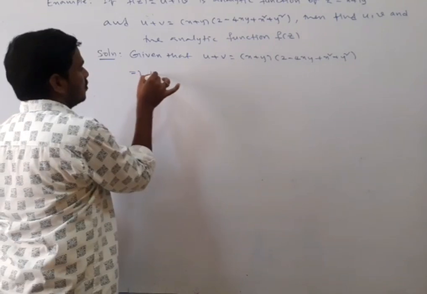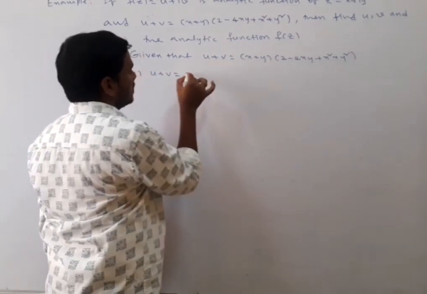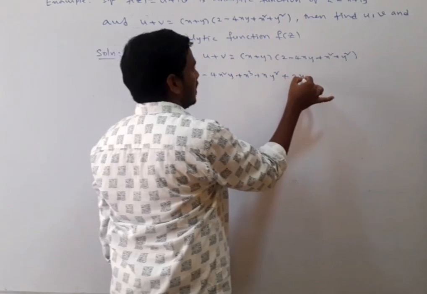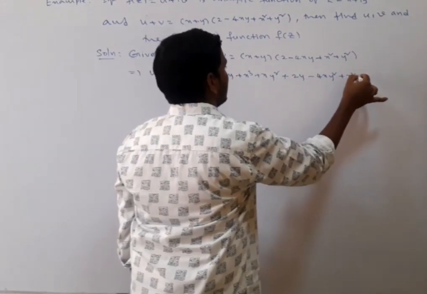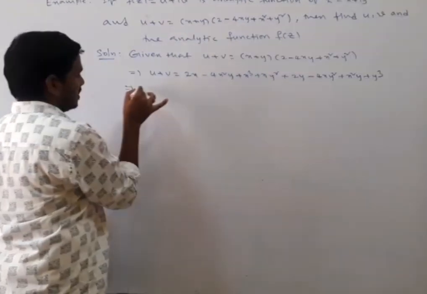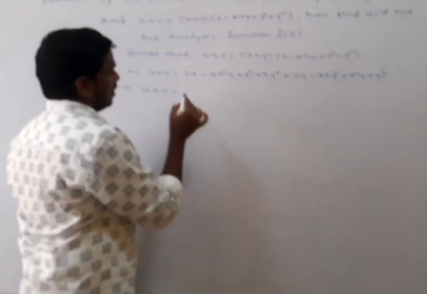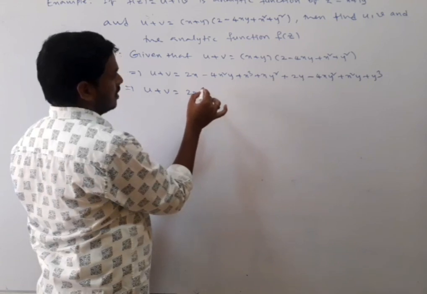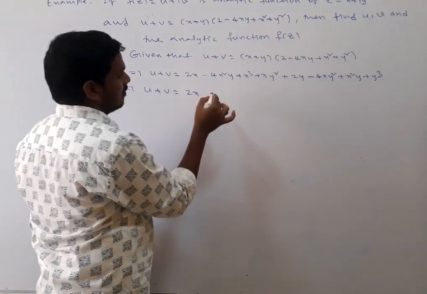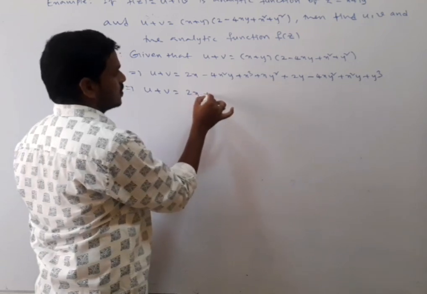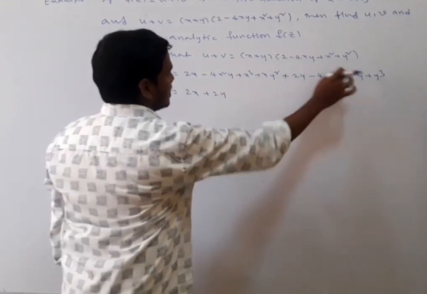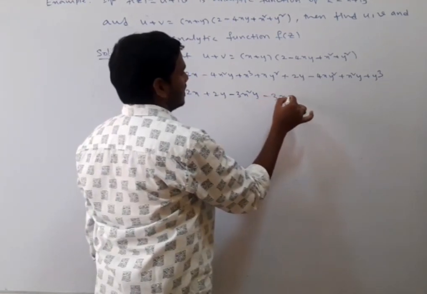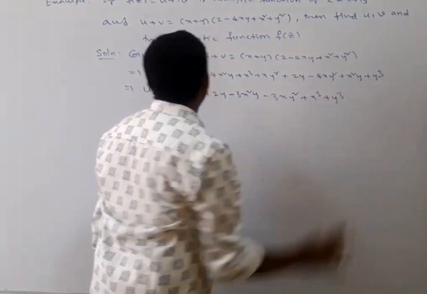That implies, simplifying it, u + v = x(2) - 4x²y + x³ + xy² + 2y - 4xy² + x²y + y³, or this can be written as u + v = 2x + 2y - 4x²y + x²y = -3x²y, xy² - 4xy² = -3xy², plus x³ + y³. This is u + v.